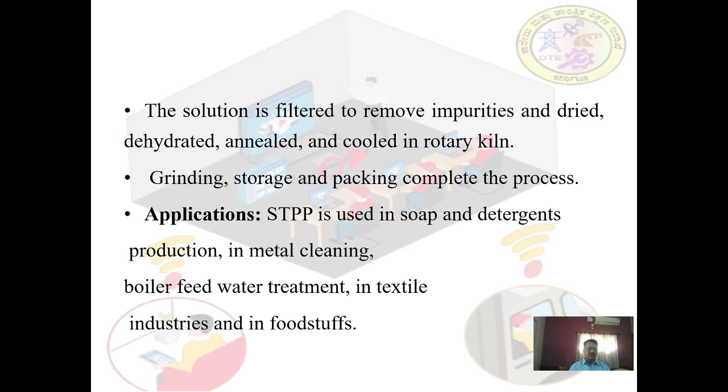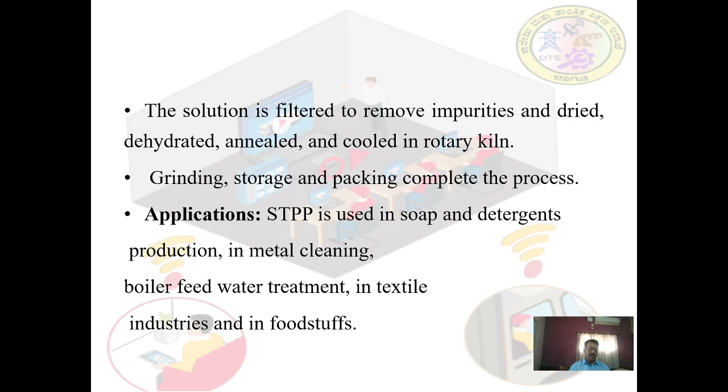Second question, superphosphate is manufactured by reacting phosphate rock with dash acid. Options are A acetic acid, B sulfuric acid, C ammonium chloride, and D phosphoric acid. Option B is the right answer, that is sulfuric acid.